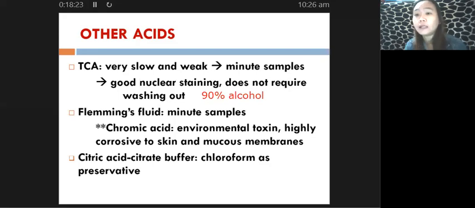So what are the different stains that we can use after acid decalcification? What is the recommended staining technique for histology? Yes, correct. We have your hematoxylin and eosin staining technique, or your H&E.